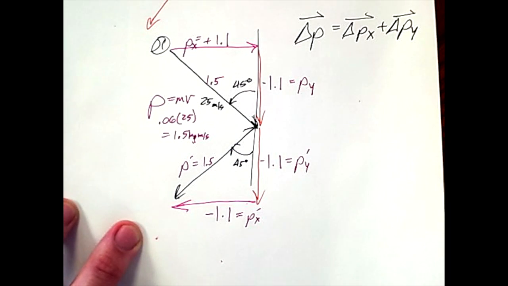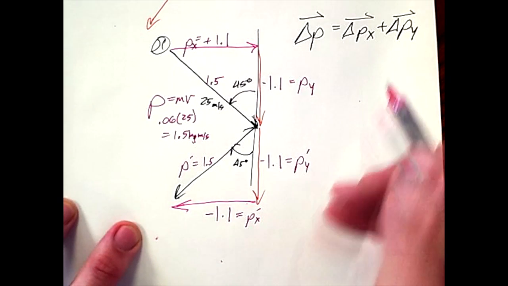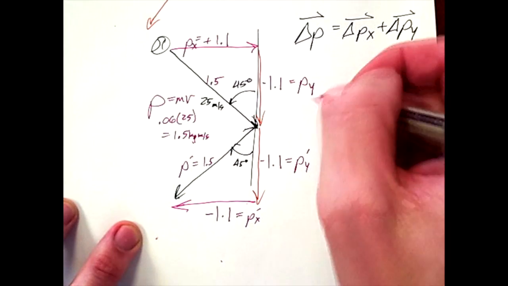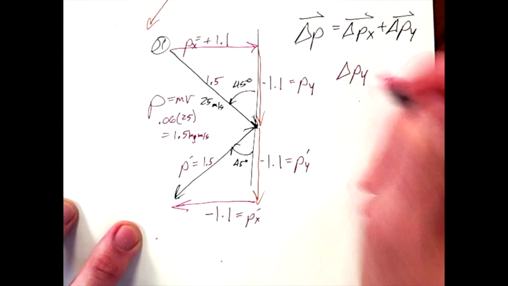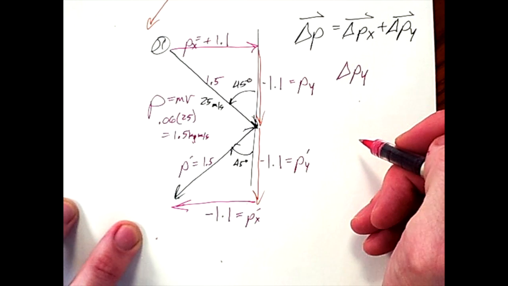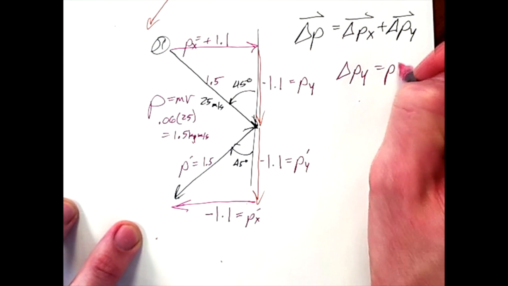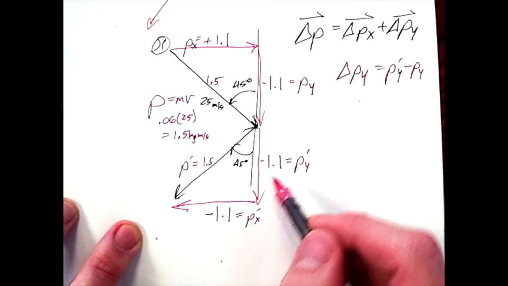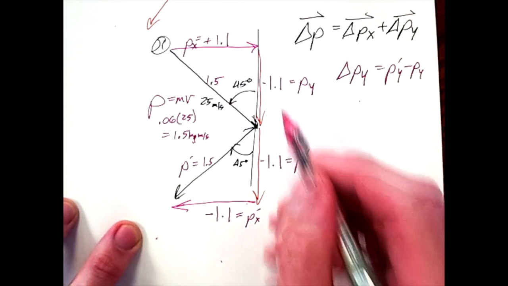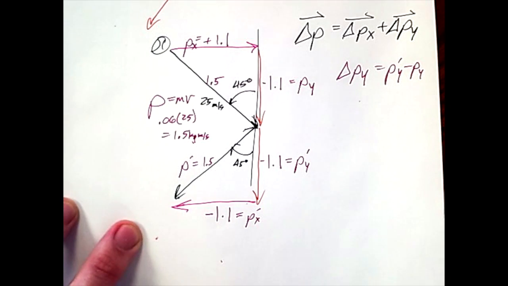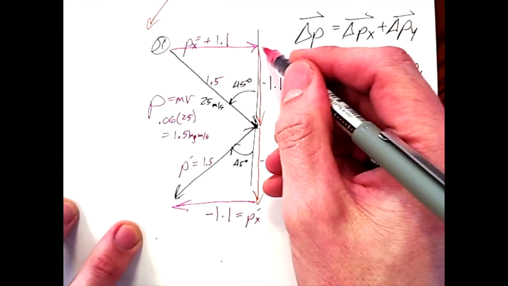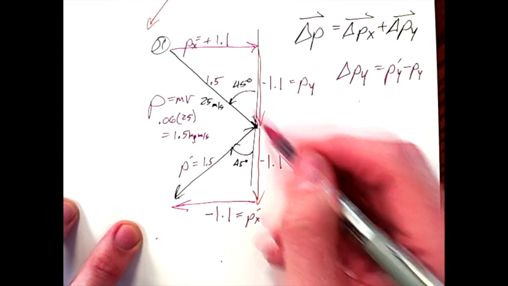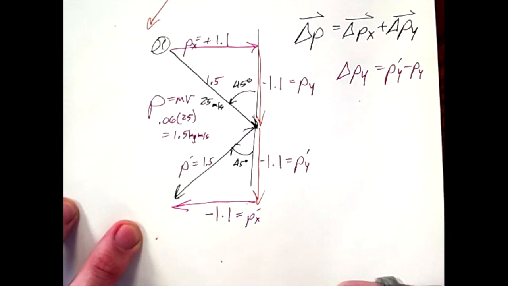So, of course, I can take the easier of the two cases first. The change in momentum in the y direction would be the final momentum in the y direction minus the initial momentum in the y direction, which is negative 1.1 minus negative 1.1. Since the ball is going down with the same angle and magnitude, the momentum in the y direction does not change.